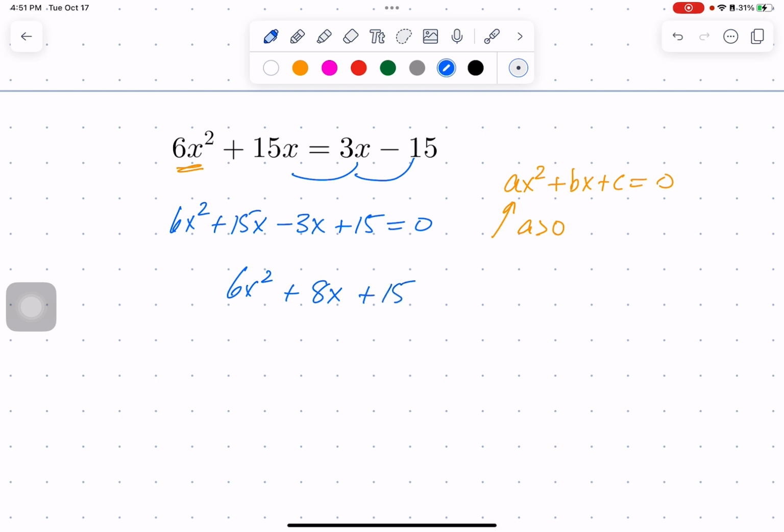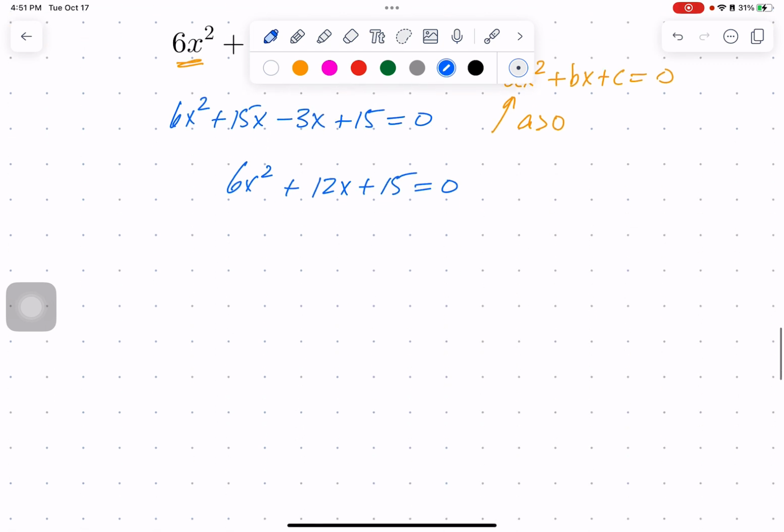So it's going to be 6x squared plus 12x plus 15 equals 0. Now look, I showed you this in class. I'm going to common factor. You don't have to. You do not have to common factor. Everything will be fine. You will not lose a mark. But look what happens when I do.